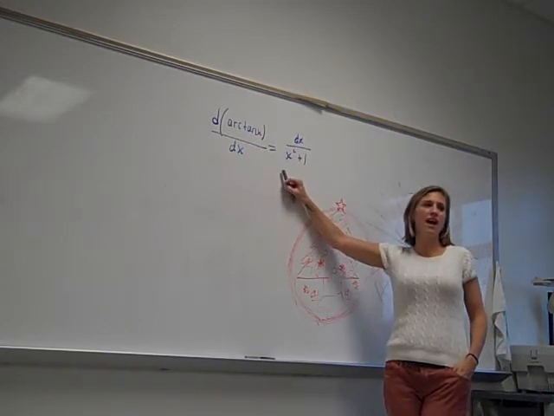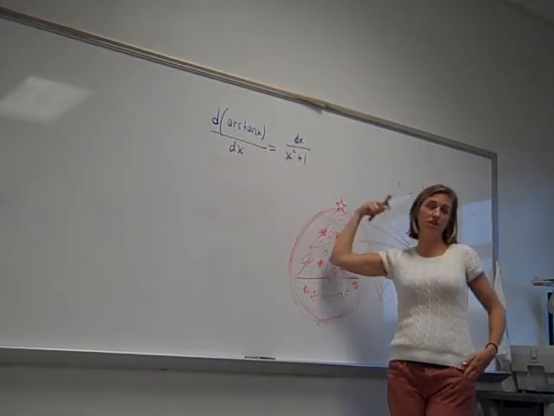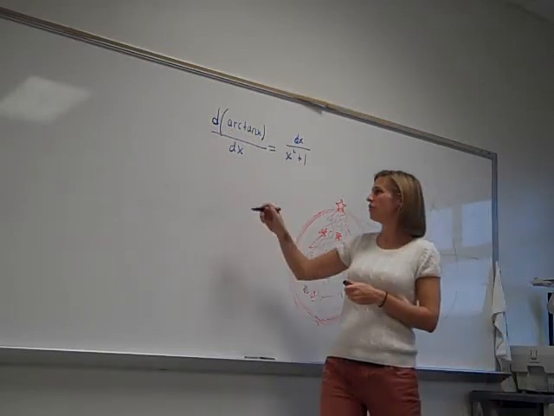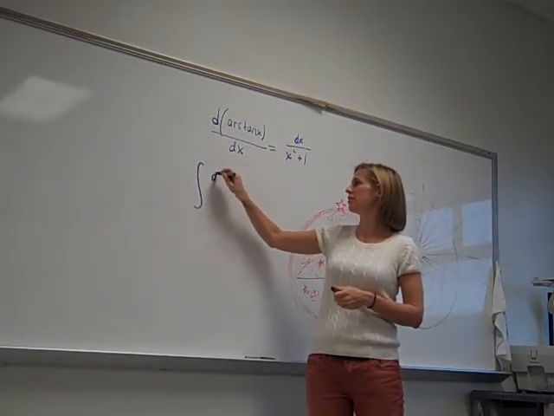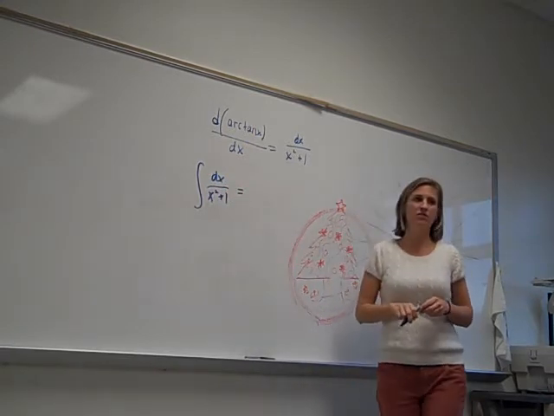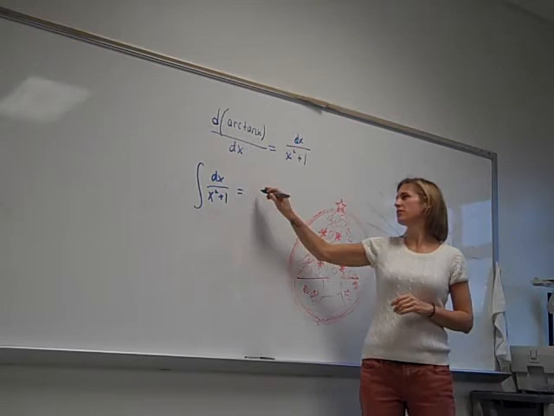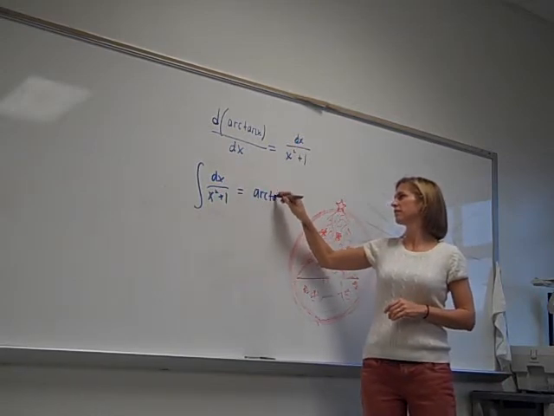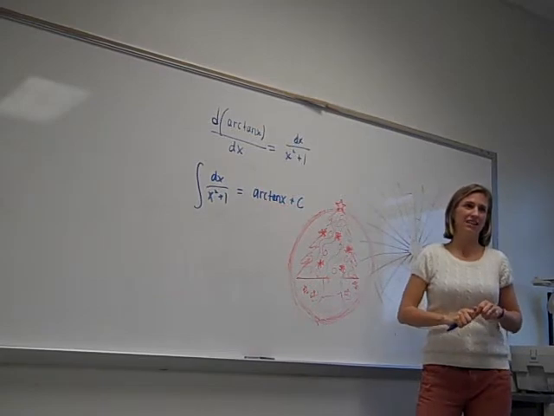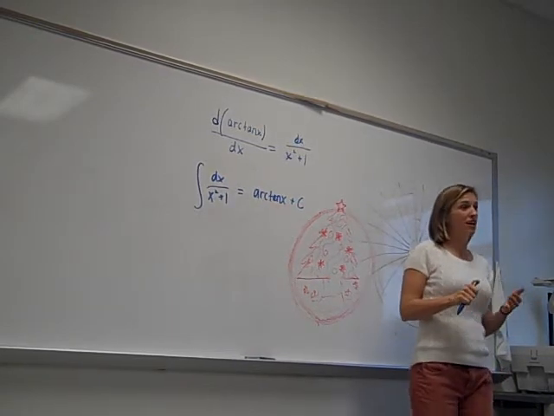You're hardly ever gonna see inverse trig go backwards, except for arctan. So you could see the integral of dx over x squared plus 1 and have to realize, oh, that's arctan. And you just have to know it. Think about a problem like this.